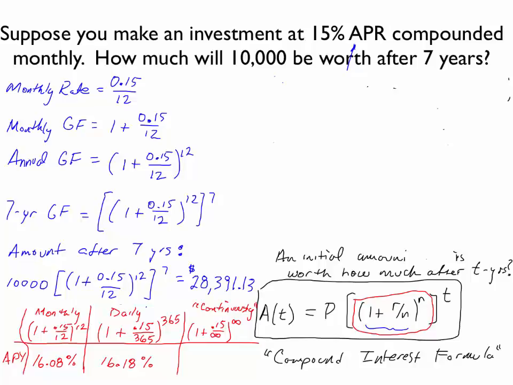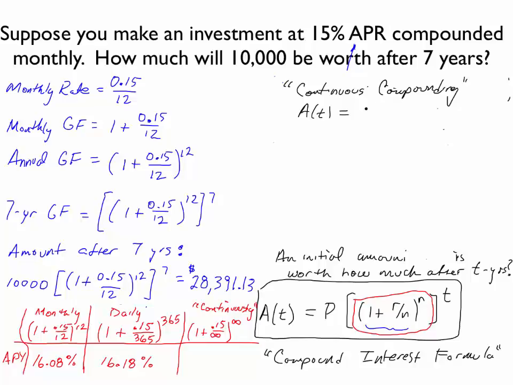Okay, so this is the idea of continuous compounding every moment. And we get a new formula because we can't plug infinity in for n, but there's some math we can do to get the equivalent formula for this idea of compounding every single moment. And this is what it is.